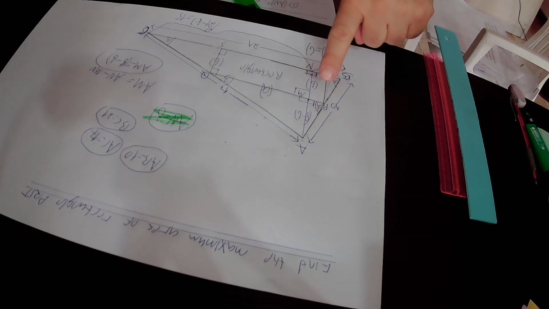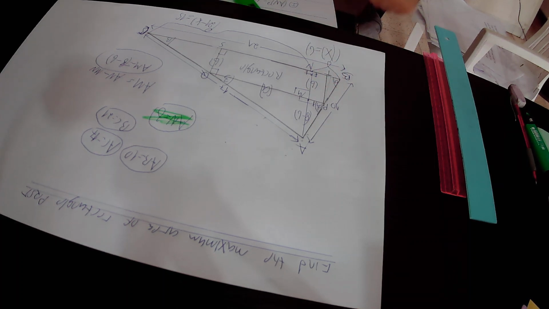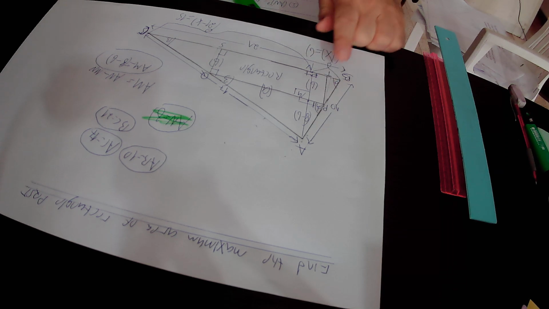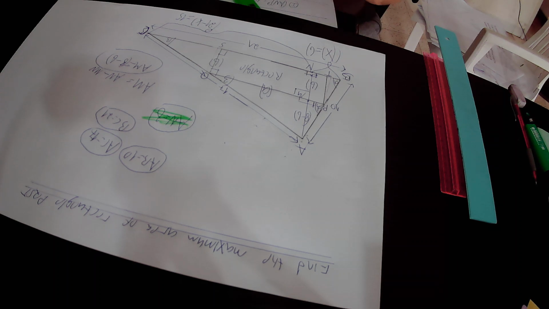So AM over AN equals the ratio between the heights of those two triangles, and it is equal to the ratio between their sides. That is to say, it is equal to side PQ, that is the side of triangle APQ, over side BC, that is the side of the big triangle ABC.